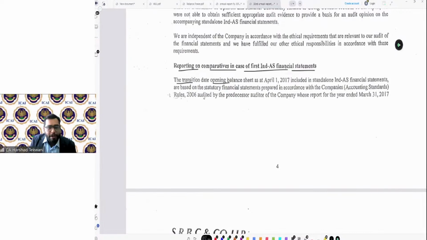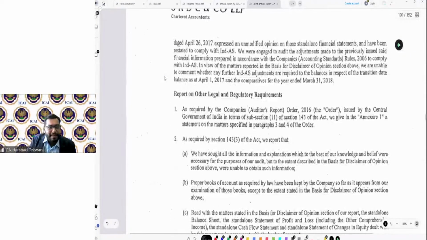So the transition date opening balance sheet as at 1st April 2017 included in the standalone financial statement is based on the statutory financial statement prepared in accordance with the Companies (Accounting Standards) Rules 2006, audited by the predecessor auditor of the company, whose report for the year ended this, dated this, expressed an unmodified opinion on these standalone financial statements, and have been restated to comply with Ind AS.